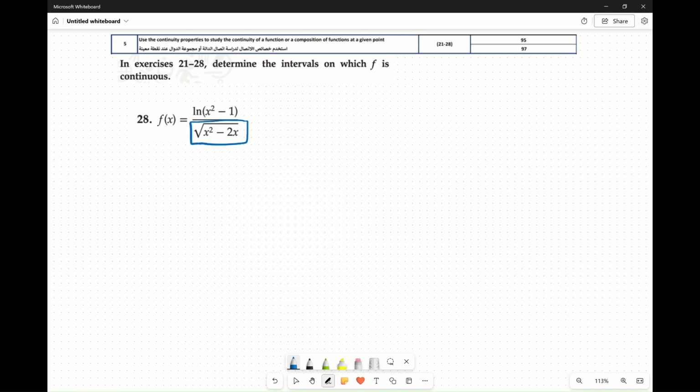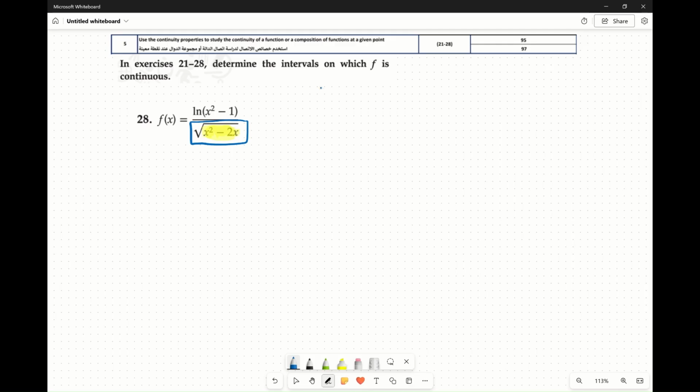But here I also notice that the denominator is a square root. So what do I know about square roots? Square roots are continuous whenever this thing inside is more than or equal to 0. But now, since this is in the denominator, we are going to exclude the equal to 0.